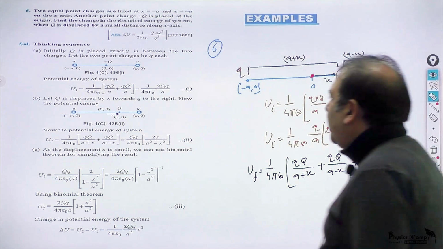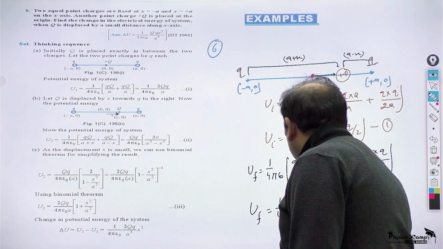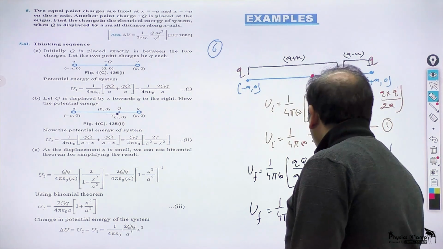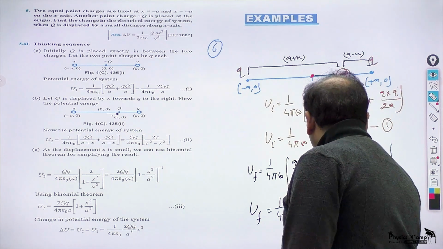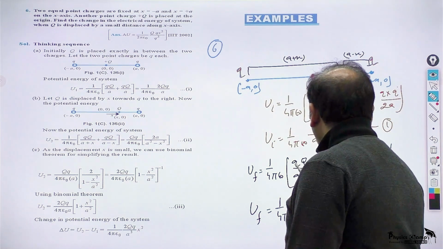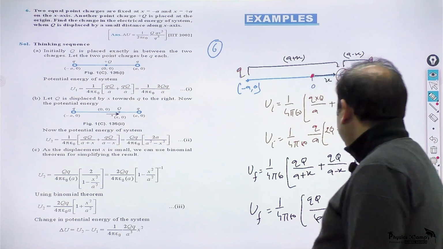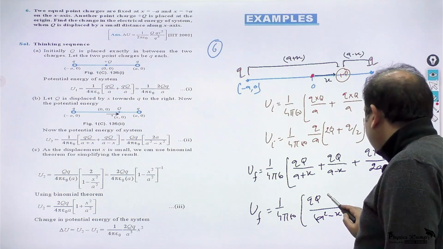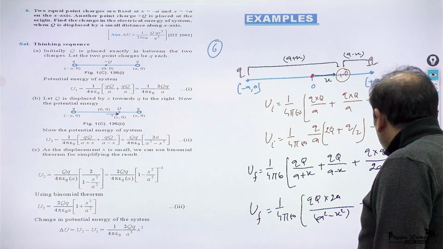So the final potential energy will be 1 by 4 pi epsilon naught. It is going to be a square minus x square, and a minus x plus a plus x, so it is going to be 2a, q into Q will be out, and plus q square by 2a.